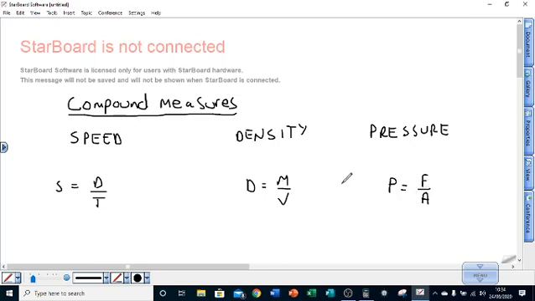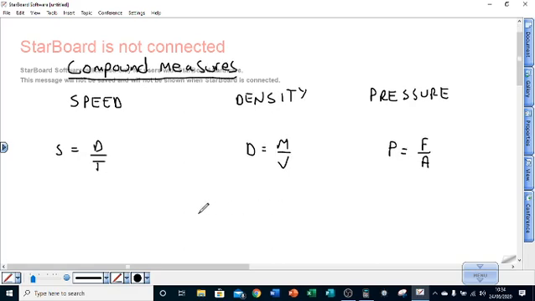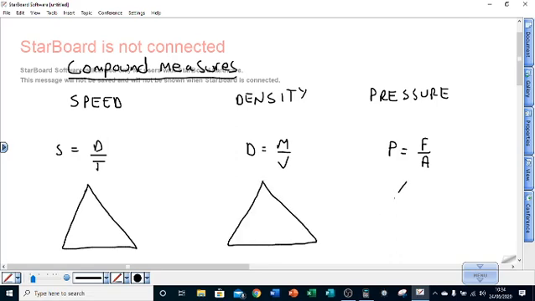But those are the three we need to look at, and there are ways of remembering these formulas, which I'm sure you've seen before. I don't like this, but it works. It might help you to remember them because you've got to memorize them. These triangles.